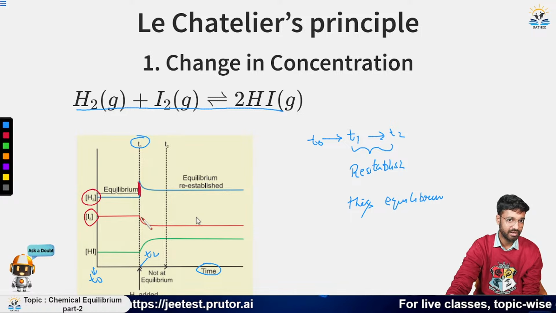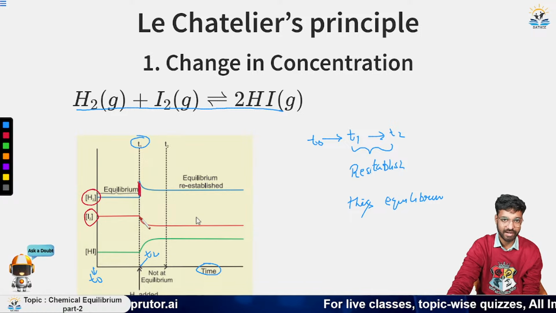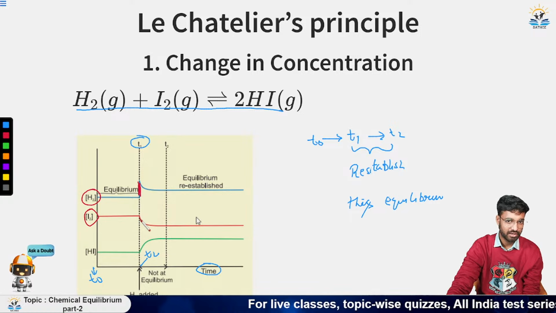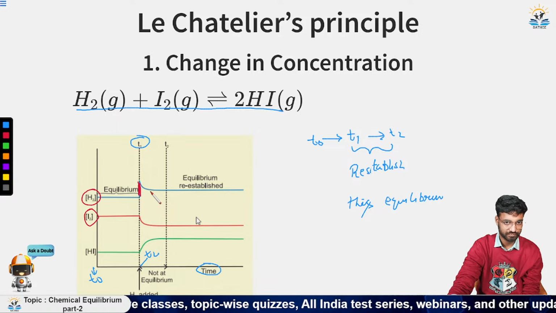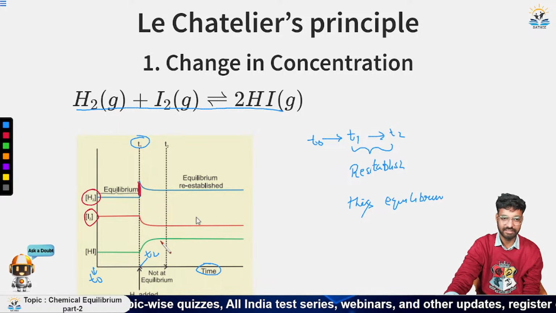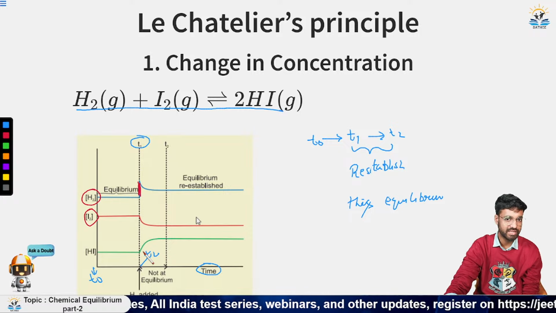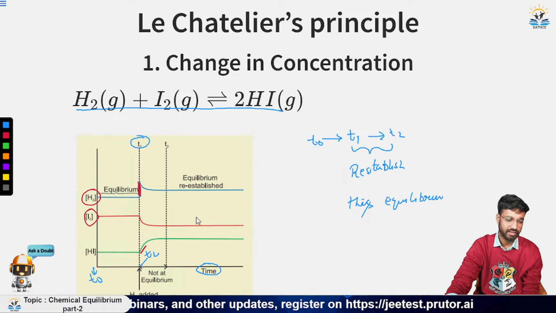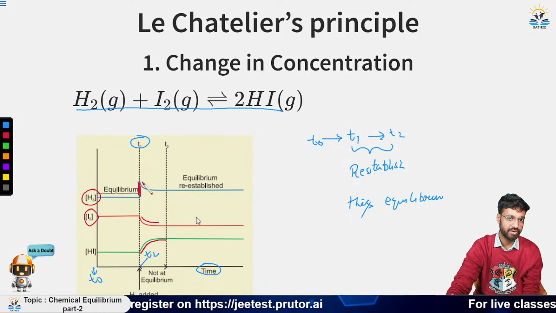You can see clearly here that even though we have not added I2, the I2 concentration is decreased by some amount, and similarly for the H2. They happen in such a way that the equilibrium is maintained, and you can see clearly that the HI concentration is increasing.